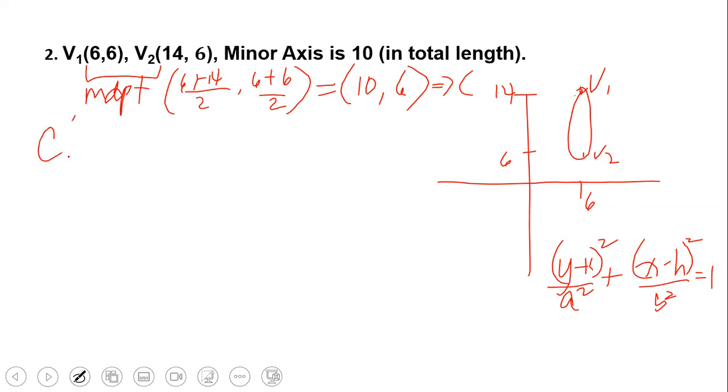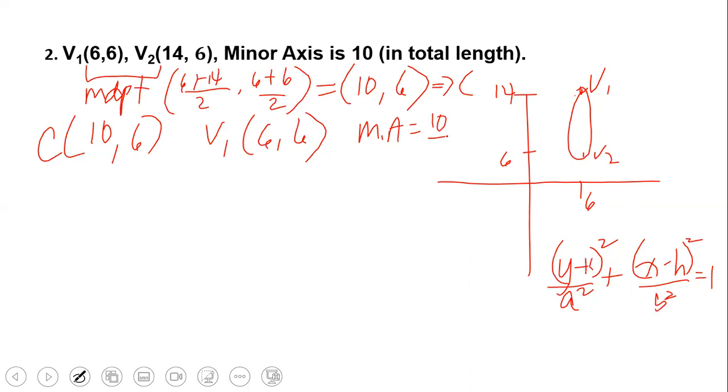The center is at (10, 6), and vertex 1 is at (6, 6). Then the minor axis, that is our co-vertex. So this is already 10, but in total length, divide by 2, this will become 5, because we need half of the b, or our co-vertex.